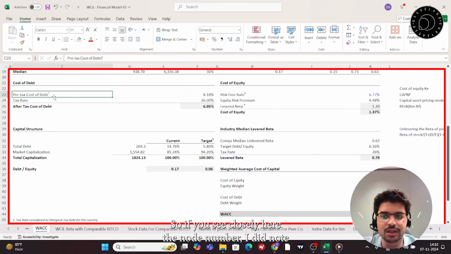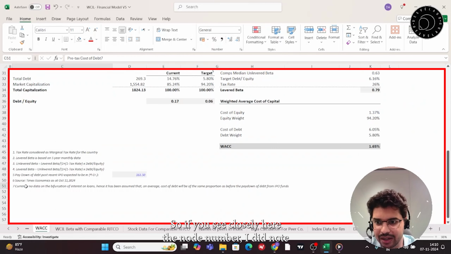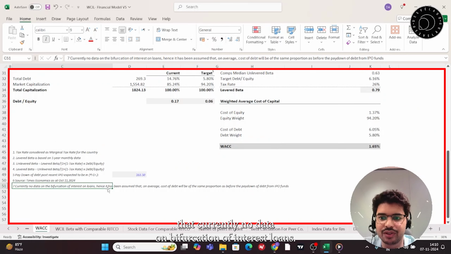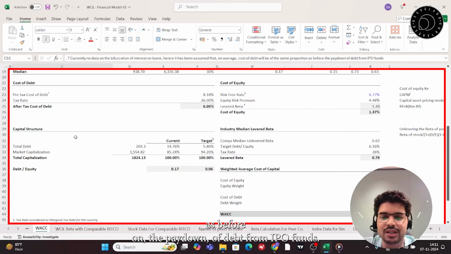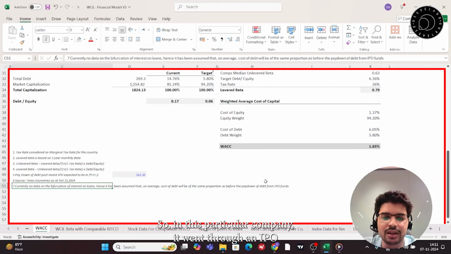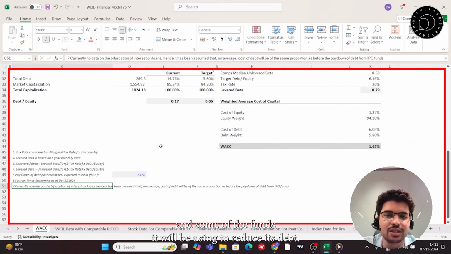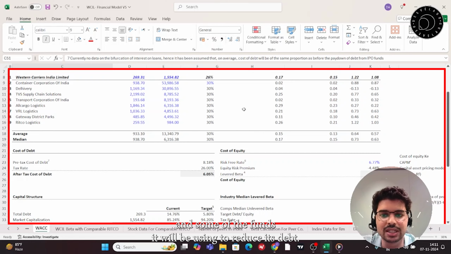If you see closely here, the note number, I've added a note that currently there is no data on bifurcation of interest loans. Hence, it has been assumed that on average, the cost of debt will be the same as before the pay down of debt from IPO funds. So in this particular company, it went through an IPO, and some of the funds it will be using to reduce its debt.